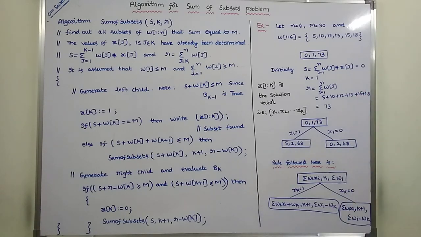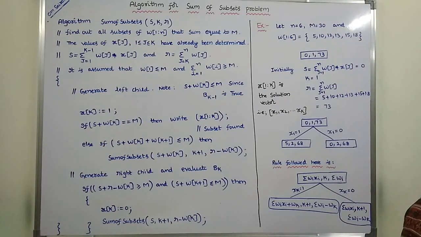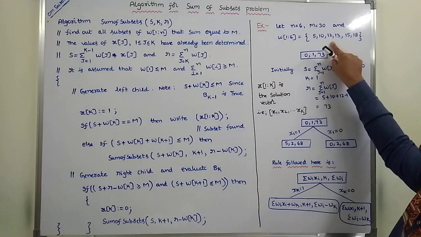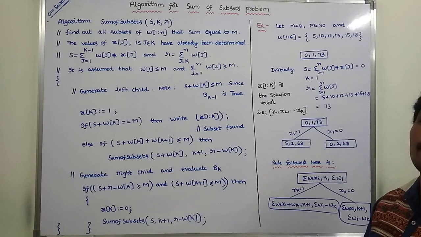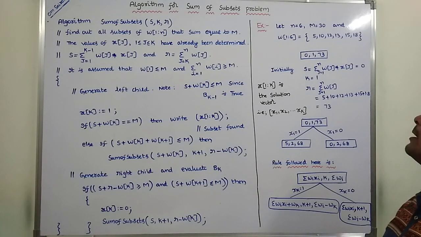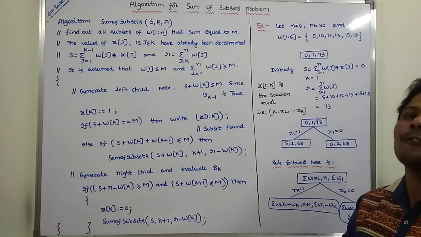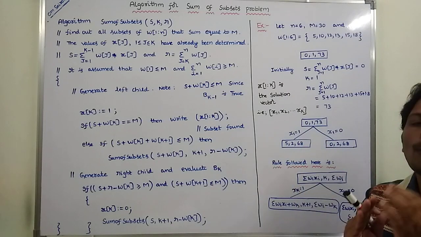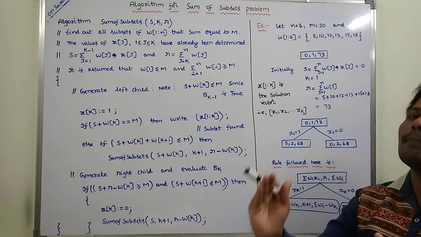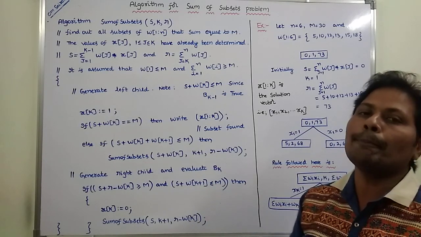Next, we can take another solution, 5, 12, 13. 5 plus 12 is 17, and 17 plus 13 is 30. So this is another solution. Our main objective is to find all the subsets of the weight vector whose sum is equal to capital M. This is our main problem.